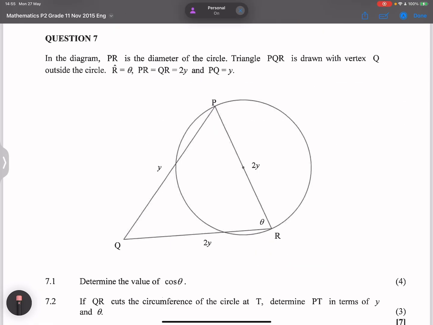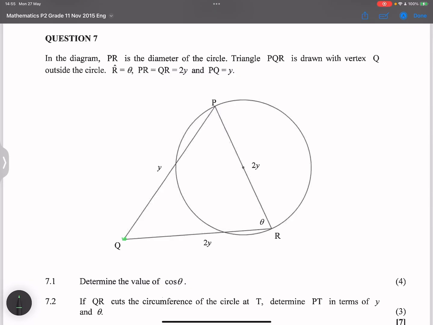Question 7, they say in the diagram we've got PR is the diameter of the circle. So triangle PQR is drawn with vertex Q. Okay, so there's vertex Q over there, and they say outside the circle, and they say angle R is theta, PQ and QR are 2y, and PQ is y.